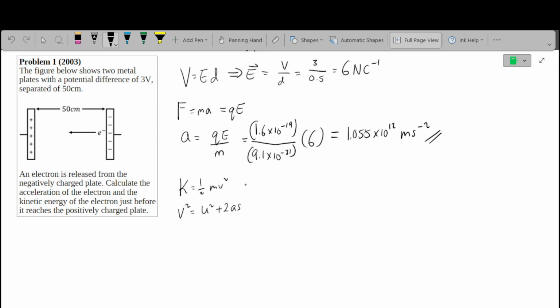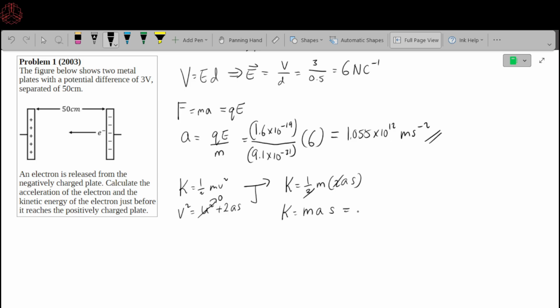The electron is released from rest, so u is going to be 0 here. So I'm left with v squared equals to 2as, and that gives me kinetic energy equal to half m times 2as. The 2 cancels, and I'm left with m times a times s.